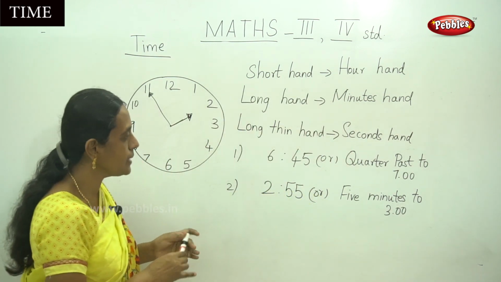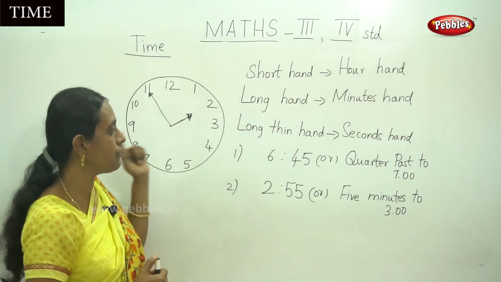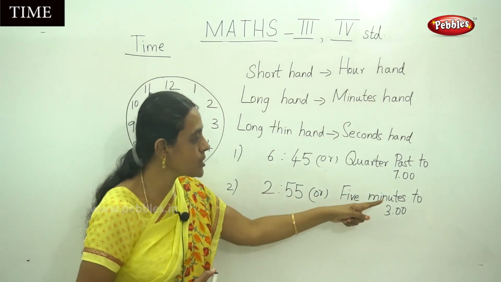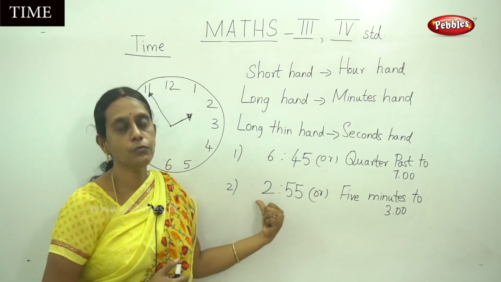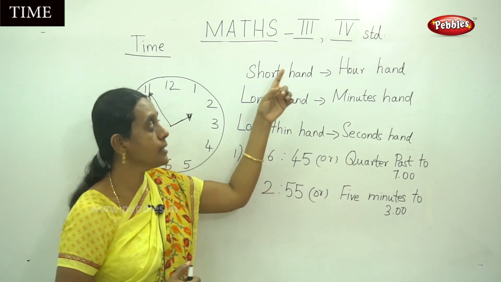Okay, so these are the new terms. Quarter to 7 means 6:45, and 5 minutes to 3 means the time is 2:55. So these are the terms used in your third grade level.